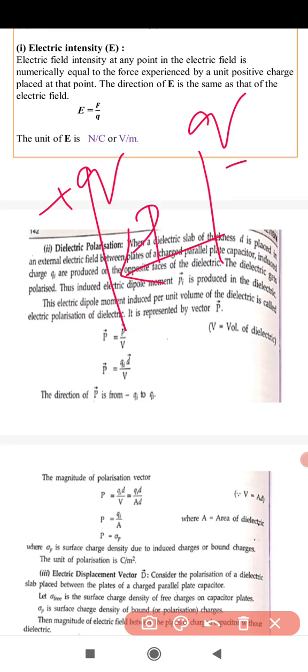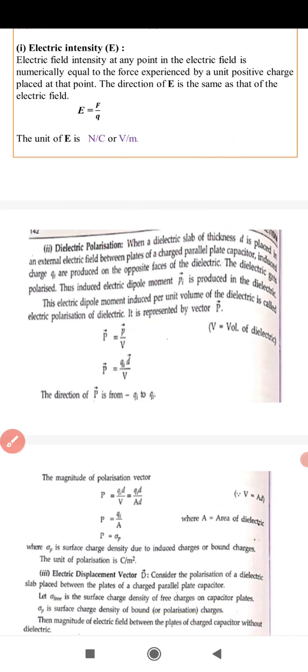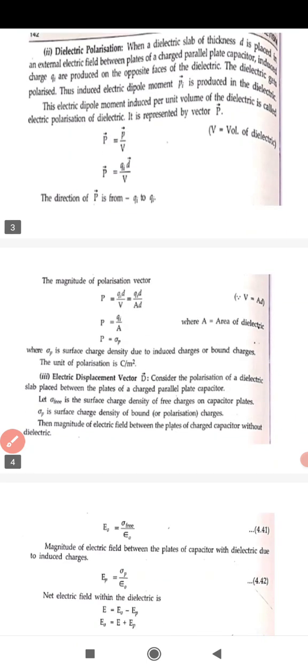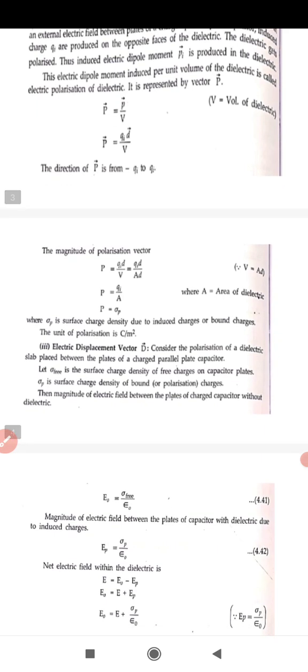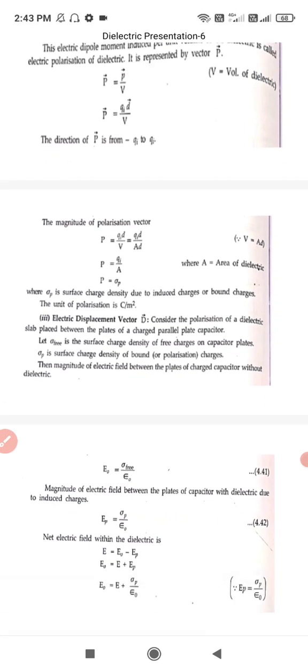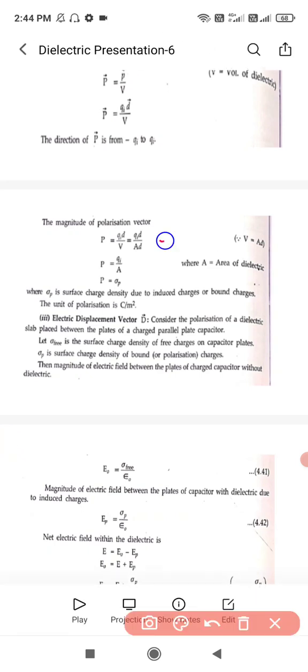Next, the magnitude of the polarization vector is defined as P equals Q into d over volume, and volume can be represented as area into thickness. Here d and d, numerator and denominator, get cancelled. We get polarization as the ratio of induced charge per area.